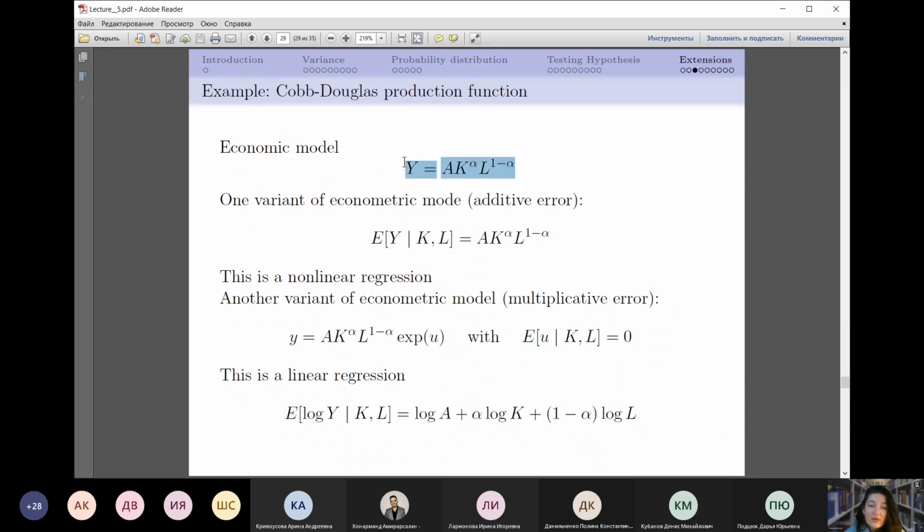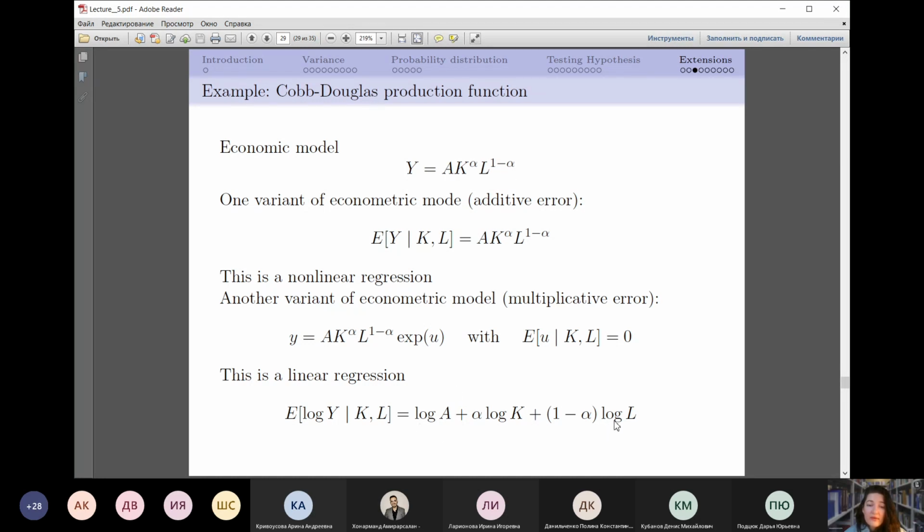If we didn't change our original Cobb-Douglas model, it would be really problematic to use the ordinary least squares method. So it's very convenient to use the properties of logarithms.